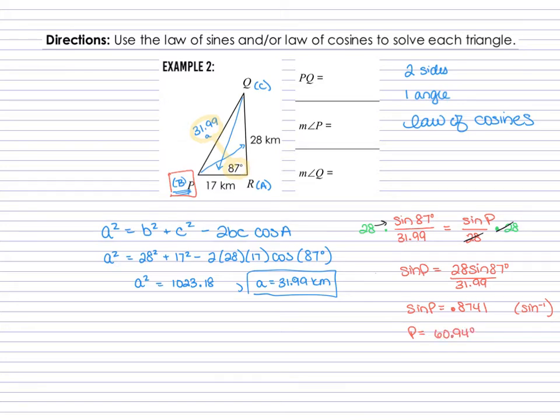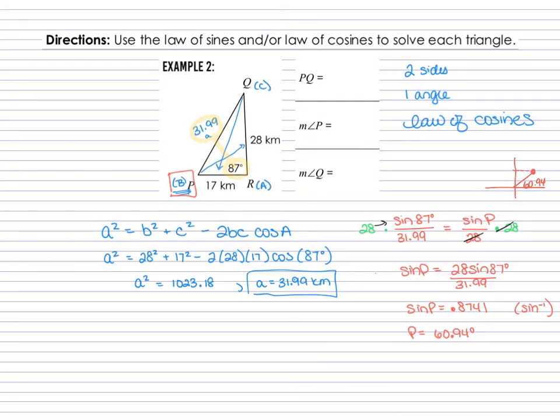60.94 degrees. So here's where it feels like you're done and can move forward, but there's a piece that we always have to remember to do when we're using the law of sines. When we did that inverse sine, we asked what is the angle whose sine is 0.8741? Well, if we have this angle of 60.94, the sine value is the y value.